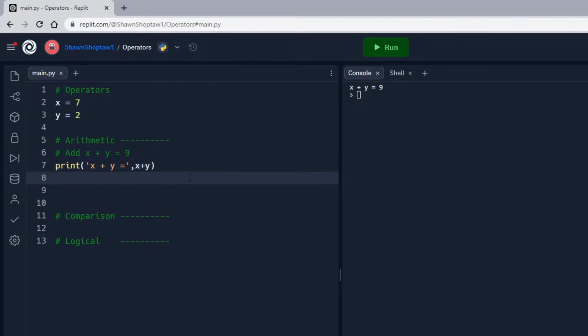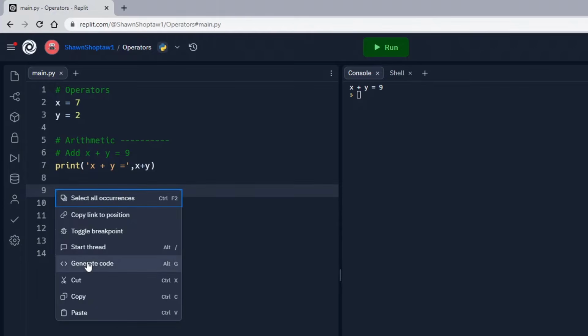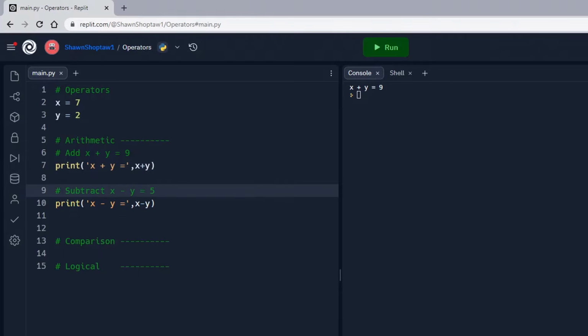So our next arithmetic operator is going to be subtract, and we'll use the minus symbol for that. The minus symbol is the key just to the left of the plus on the keyboard. And when we run that, we're going to get x minus y equals 5.